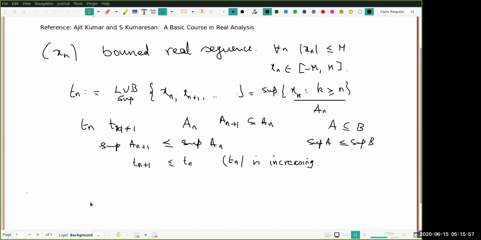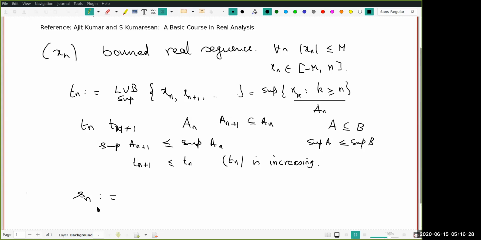Very good. Now I want to define Sn. Can somebody say what it should be? I have the set An. I defined Tn to be the LUB, and it exists because the An's are bounded above by M. Just think for a second, then you know what Sn should be. The An's are bounded below by minus M. Therefore, the infimum or the GLB also exists.